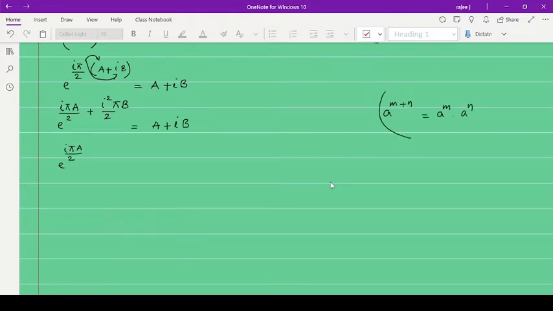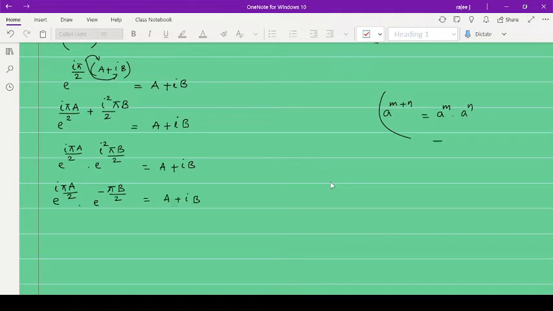Okay, using that one, e raised to I pi a by 2 plus I square pi b by 2, we will write it as e raised to I pi a by 2 into e raised to I square pi b by 2 equal to a plus ib. Now e raised to I pi a by 2 into, this is e raised to minus I square is equal to minus 1. So minus pi b by 2, that is a plus ib.